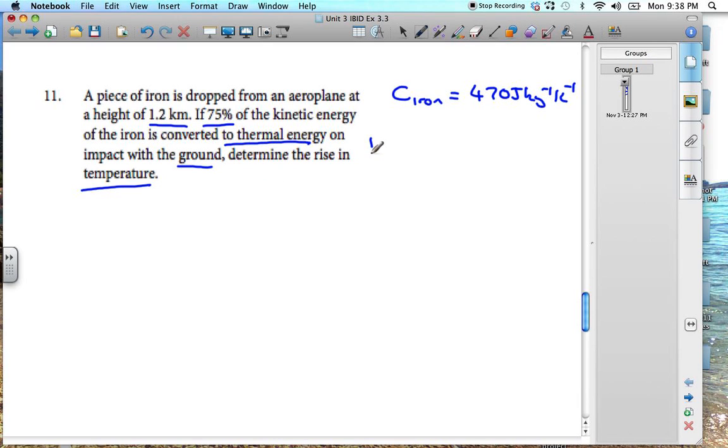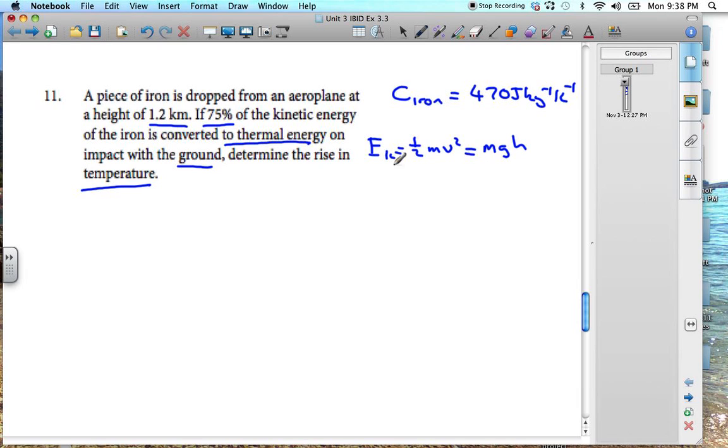Now the kinetic energy obviously is equal to EK is equal to a half mv squared, and that is going to equal to the height that it was dropped. So we're going to have mgh.